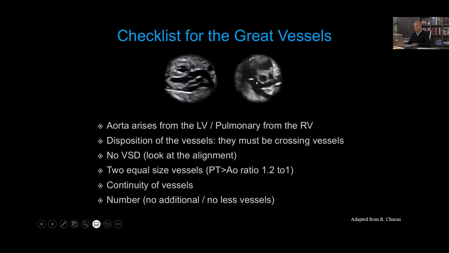We have to look at the sizes of these two vessels that have approximately equal size, with a little predominance of the pulmonary artery, with a ratio of about 1.2 to 1. We have to see the continuity of the vessels and the number. No additional vessel, no fewer vessels than normal.